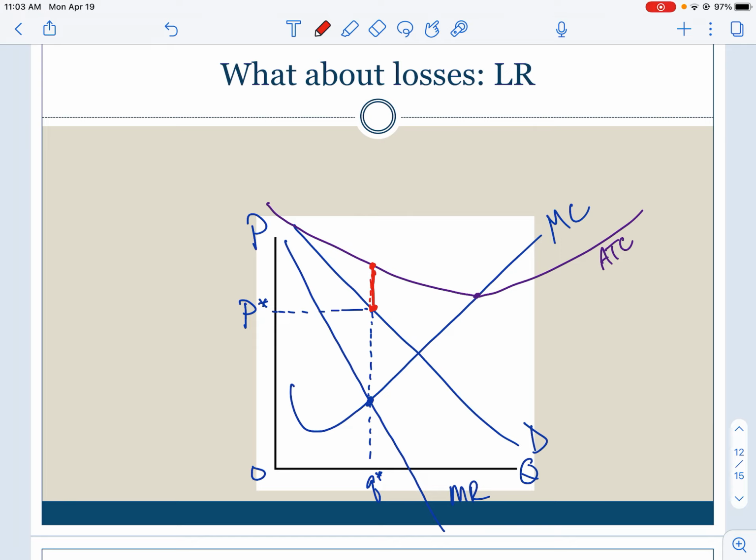That's the red vertical bar there on each of the Q star units. So that means my economic loss is this area right here. So is this firm losing money? Yes, they are suffering an economic loss.